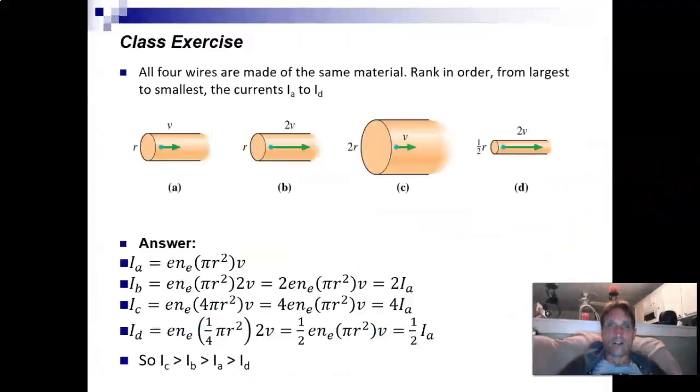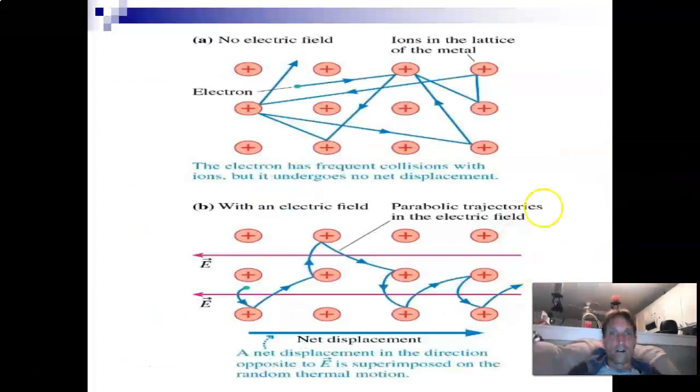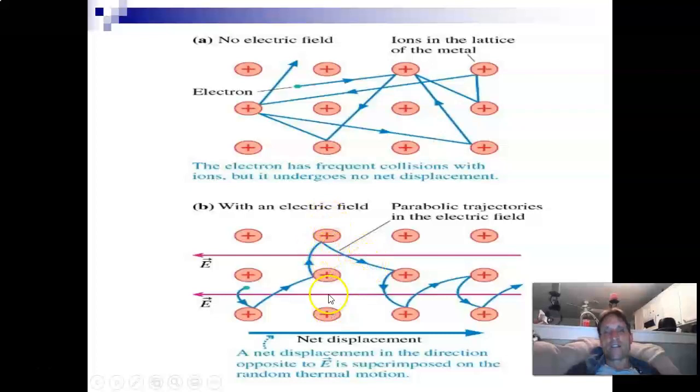So if you go back to our drunk in the bar model, these electrons are spending most of their time smacking into the ions, and they have a very slow drift opposite the field. The drift speed is very, very small.